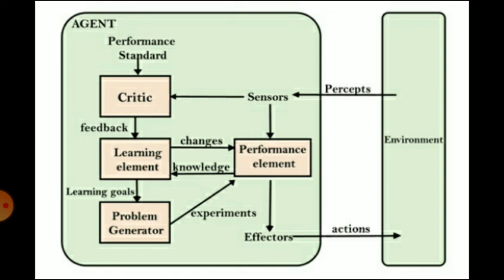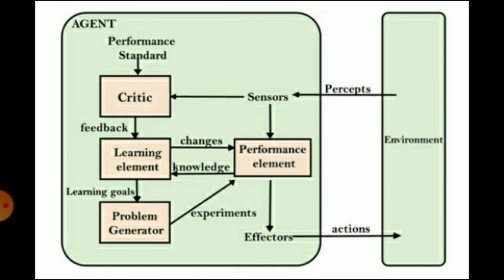The first block is the critic. The critic knows the standard performance and compares it with the feedback. The critic tells the mistakes and gives the feedback to the learning element. The learning element makes the improvement by learning.